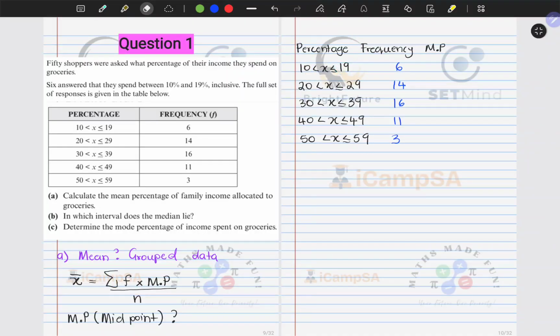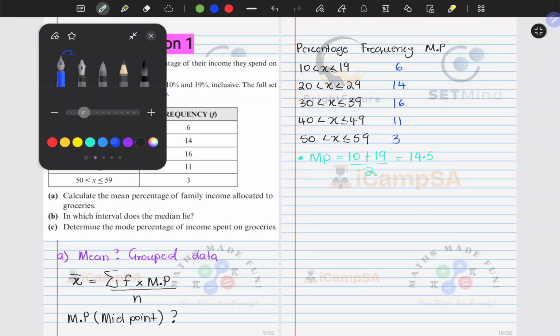So let me quickly note it for you for the last time. So for the first one, you'll do 10 plus 19 divided by 2. And that will be, so let me see, 19 plus 10, divided by 2. So you get 14.5.